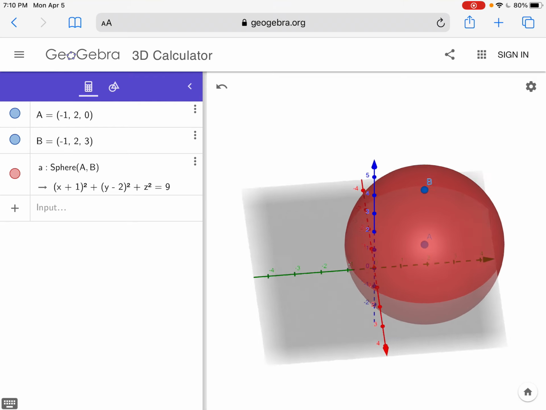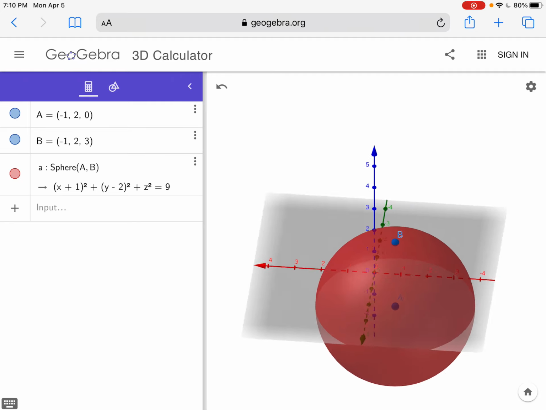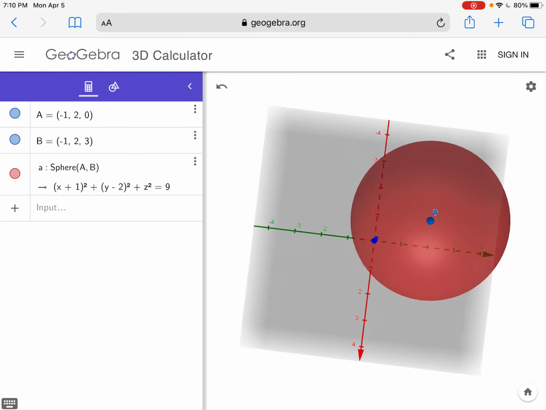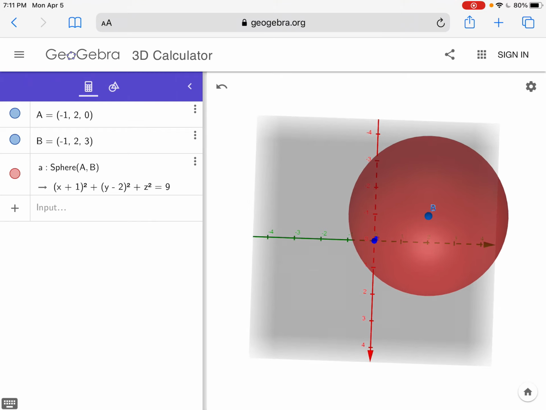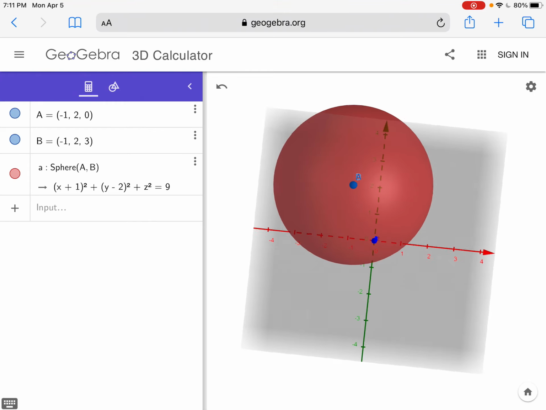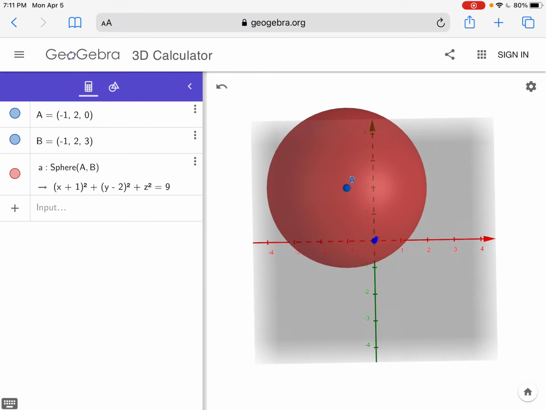And what the applet is doing now is it's drawing the set of all points a distance 3 from A. You can see the rightmost extent of the sphere, because the x-coordinate is -1, if we go 3 units to the right, we get to x equals 2.